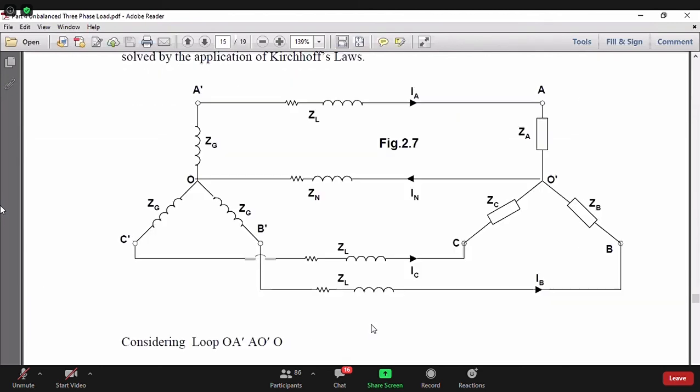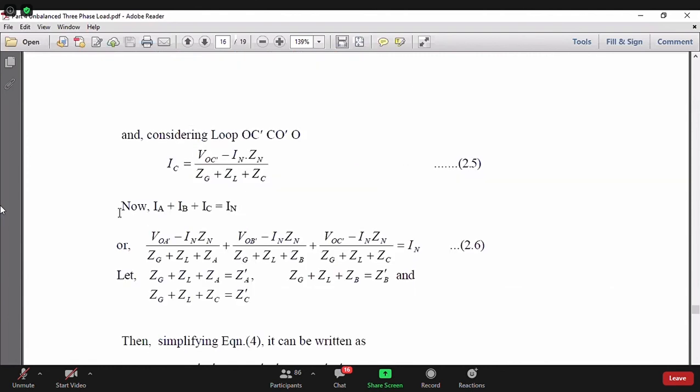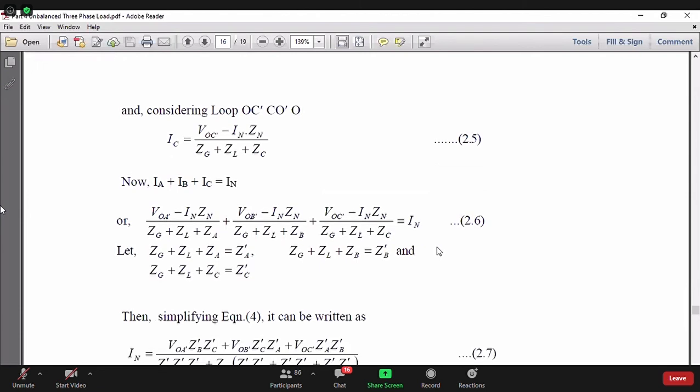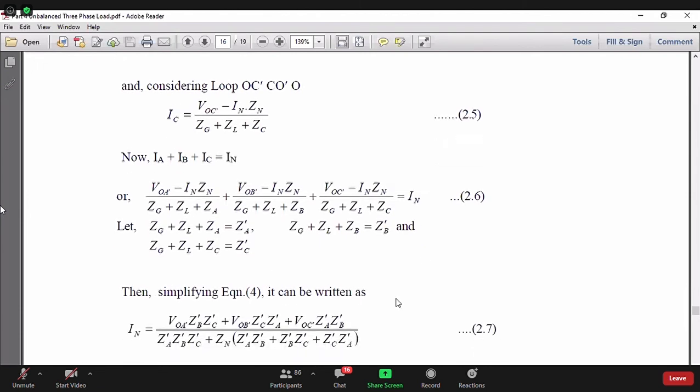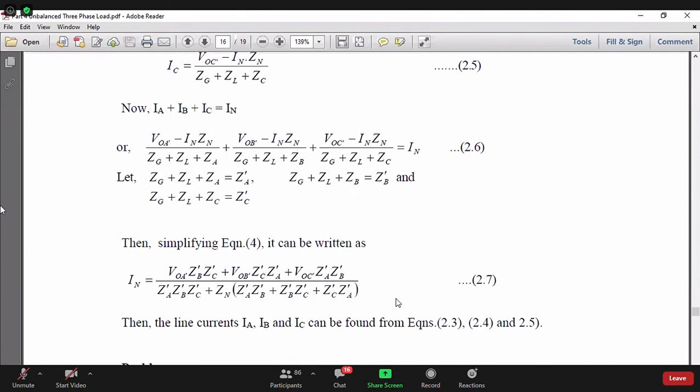Then I apply Kirchhoff's current law at this node O prime. That means IA plus IB plus IC is equal to IN. That is Kirchhoff's current law. Put all the three here, and now you do some algebra. As I said, you do it much better than me.